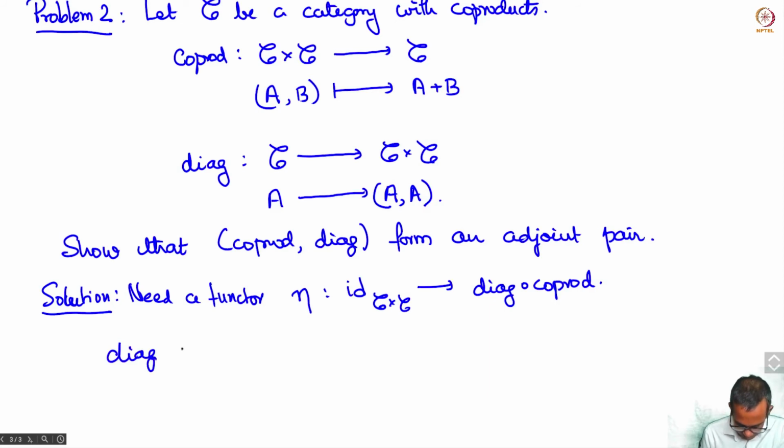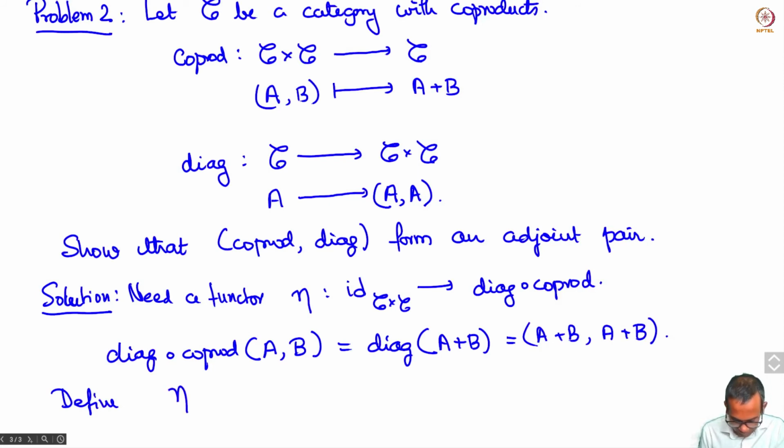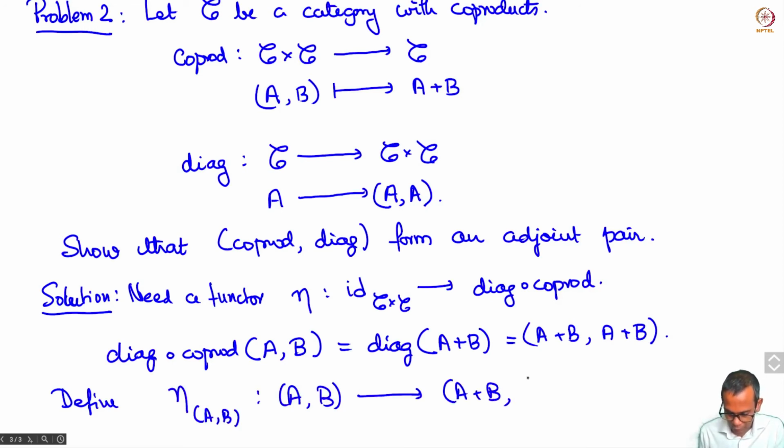This is a functor from C cross C to C cross C. So we will give it an input of two objects from C. Now coprod takes this to A plus B, and then diag takes it to A plus B, comma A plus B. Okay, so what we need is eta A comma B, an arrow in C cross C from A comma B to A plus B, comma A plus B. And how will we do that?